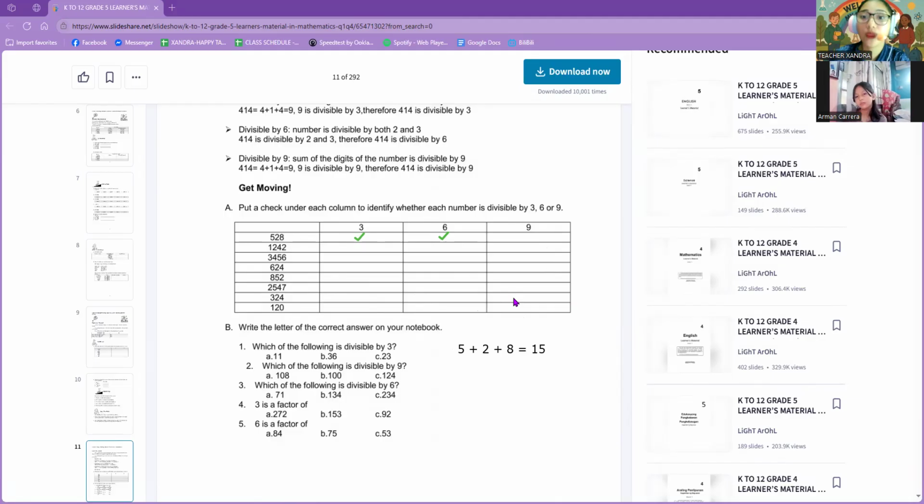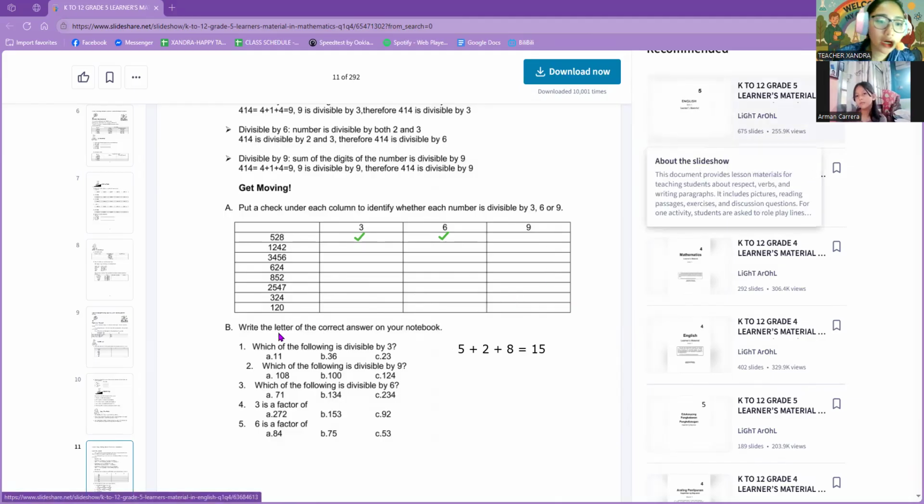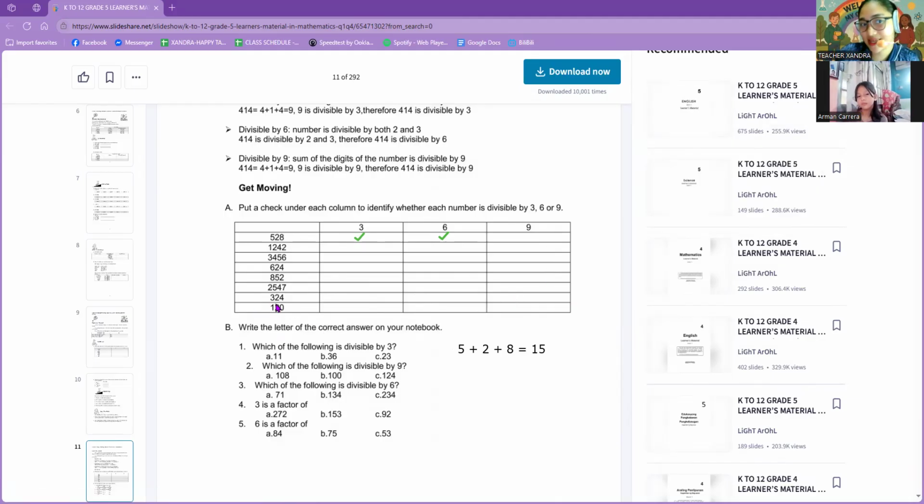Okay, so how about 120? This one first, the smaller one, 120. 1 plus 2 plus 0 is 3.